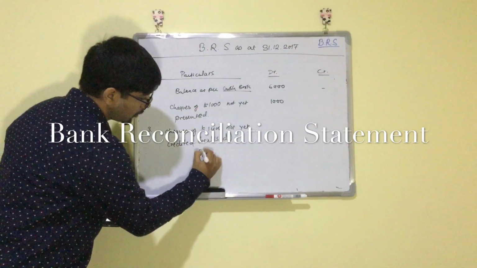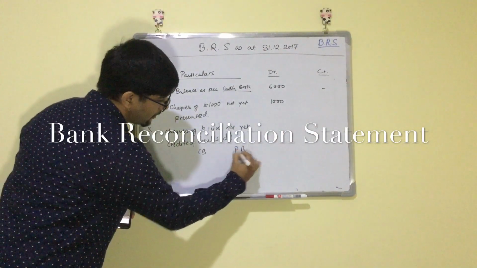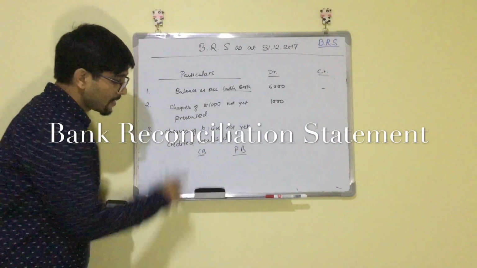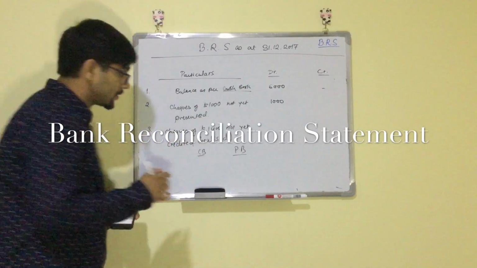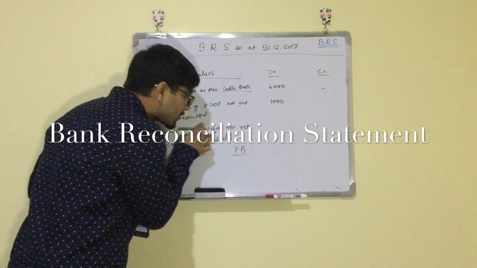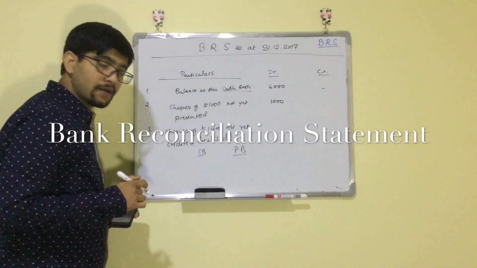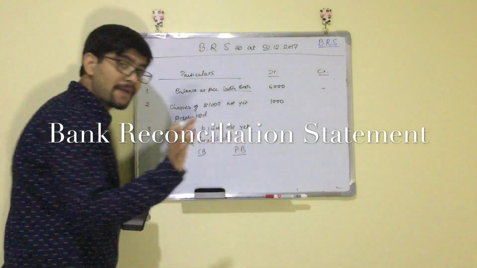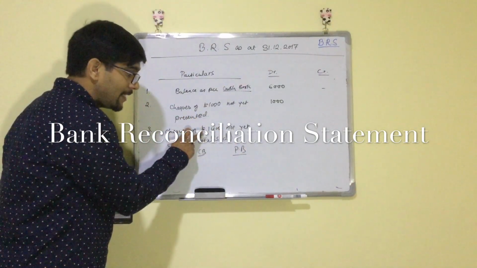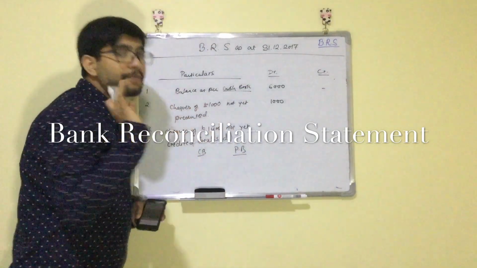What has happened? Let me show you. CB, PB. I hope you understand this. Cash book. What has the entity done? The entity has already increased $1,400, because the entity does not know what is happening in the bank. As per the entity, $1,400 has been deposited.